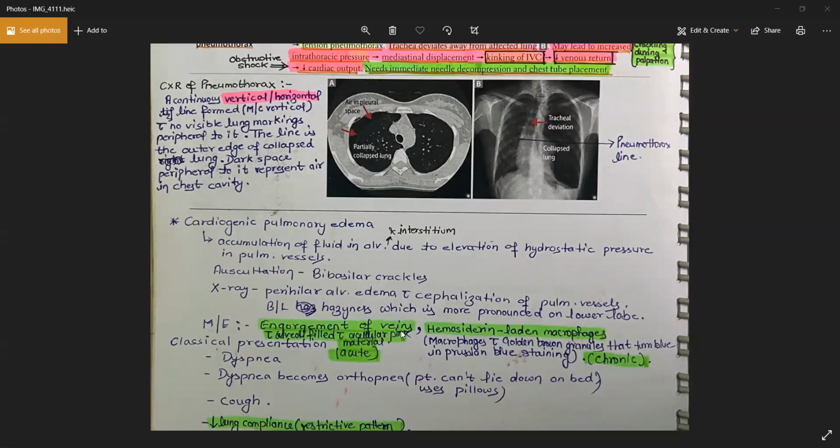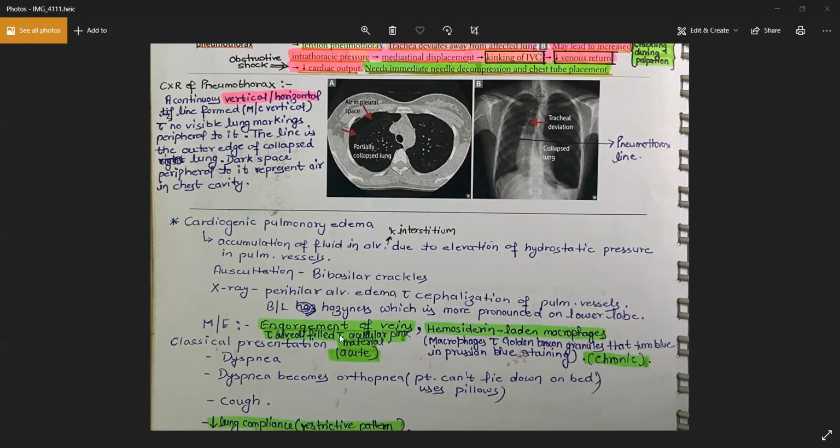They will give you both options, engorgement of the veins as well as hemosiderin-laden macrophages, or you can say heart failure cells. And please note, heart failure cells can only be there if there is a chronic heart failure. In the acute cases, you won't have any heart failure cells, but you will find the engorgement of the veins.